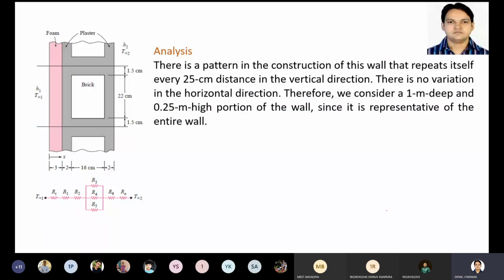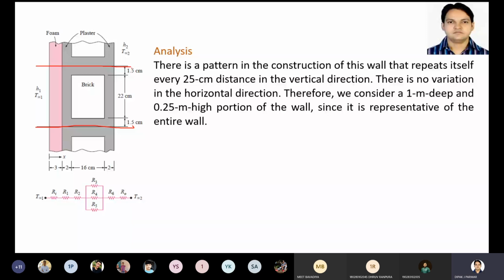Analysis. There is a pattern in the construction of this wall that it repeats itself every 25 centimeter distance in a vertical layer. You can see here the wall: this 22 centimeter is the height of brick, 1.5 centimeter is the thickness of plaster, so it will be 25 centimeter. Same will be here, 25 centimeter.